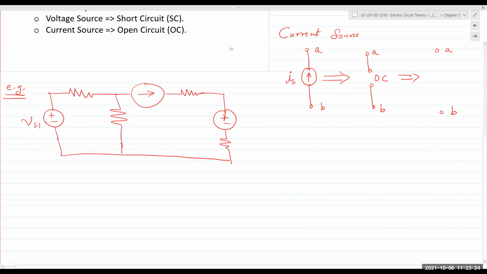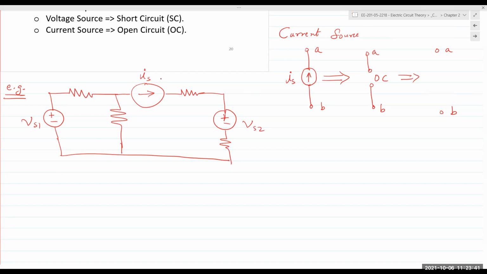Let's call the sources VS1, VS2, and IS. Resistor numbers don't matter right now. This is just an illustration of how we would set up the circuit if we wanted to apply superposition.